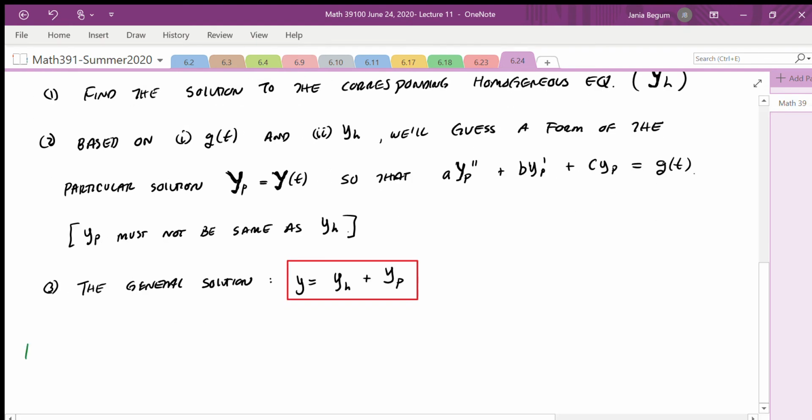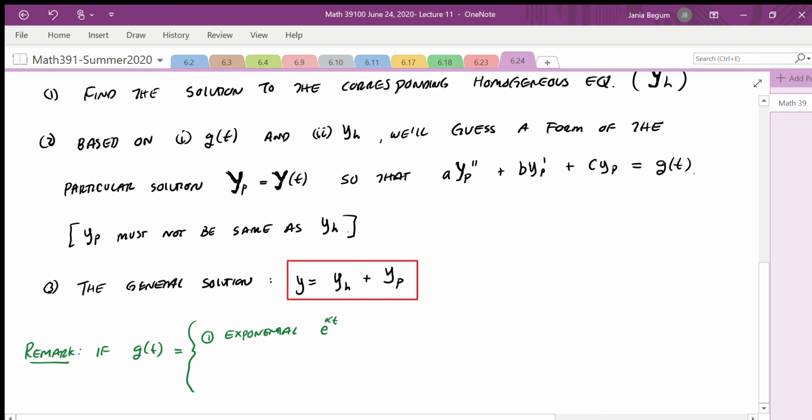Here's a remark. If g of t happens to be the following function: first, an exponential, meaning e to some alpha t.